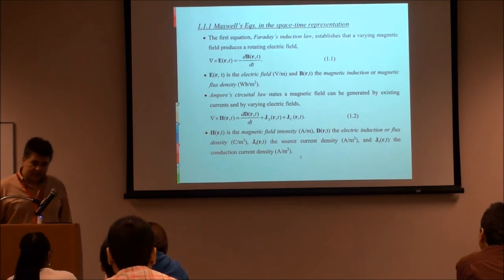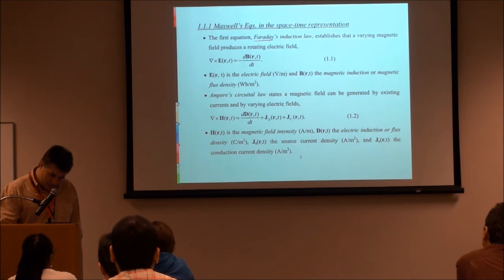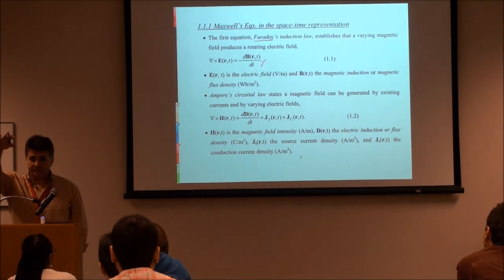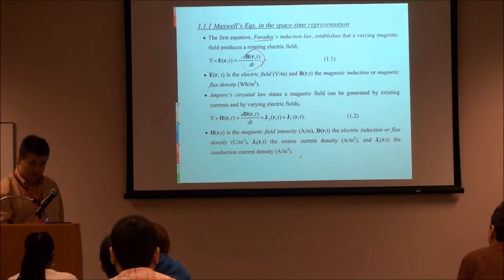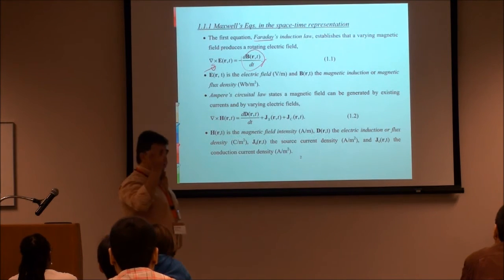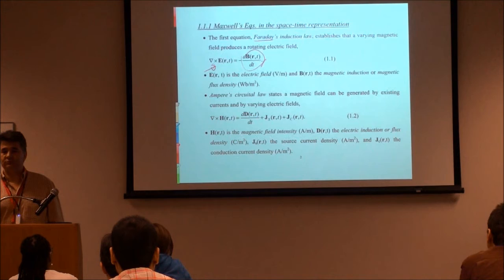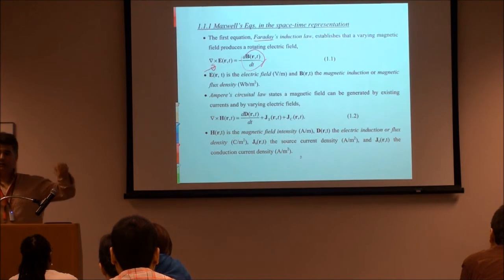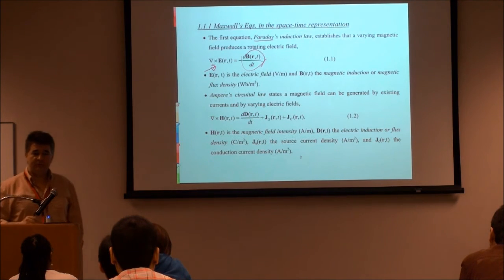This first equation here is called Faraday's induction law. It tells you that if you have a magnetic field that varies in time, that means this one, that generates an electric field that is rotating. Okay? Do you know the definition of the curl operator? Mathematically, with that determinant, remember that? Probably part of the qualifier.